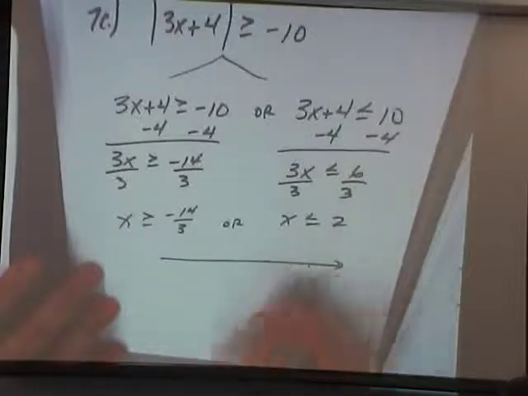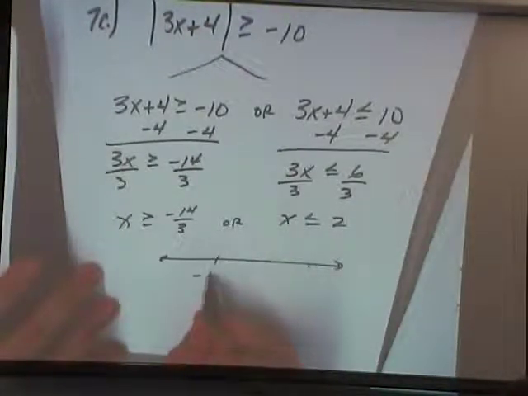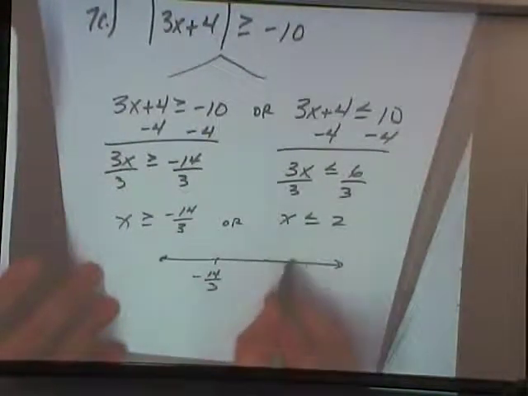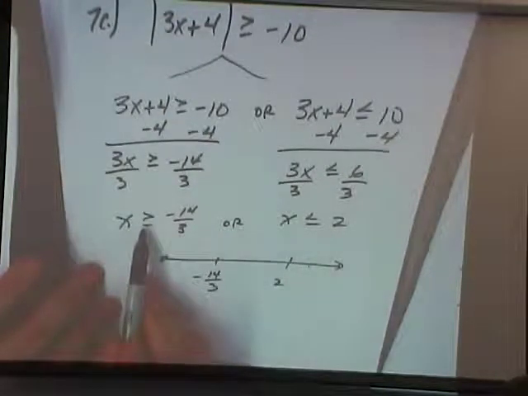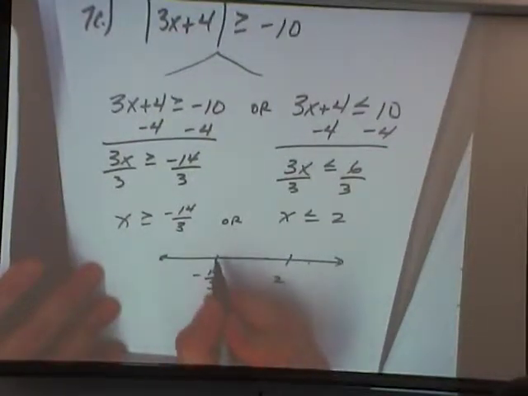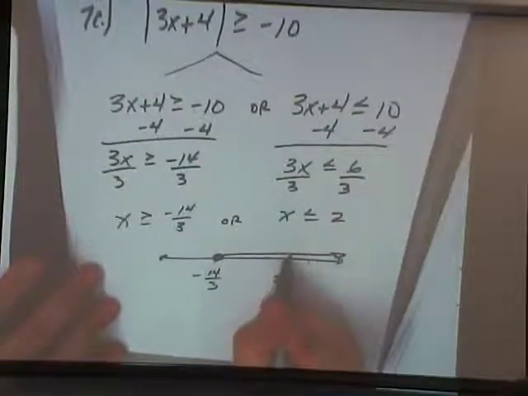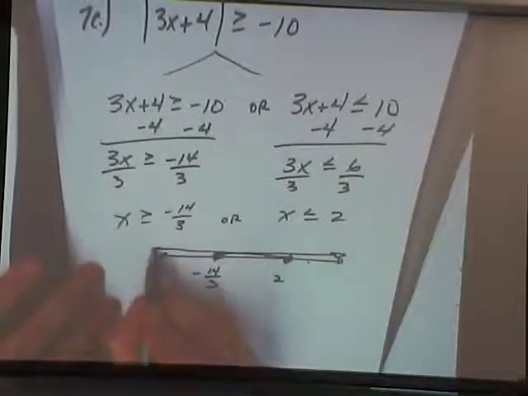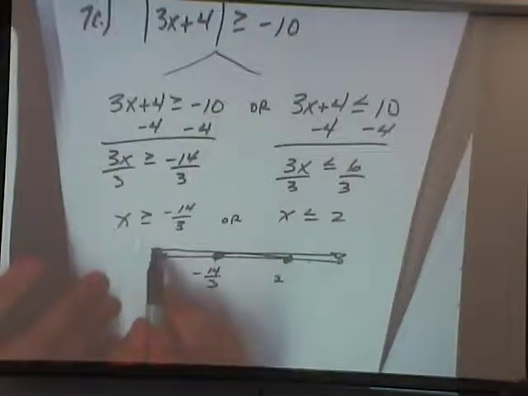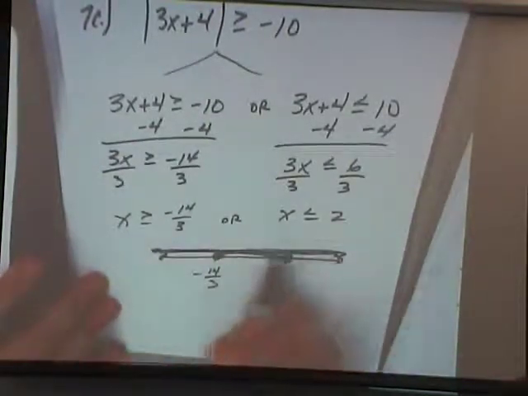So if we put this on a number line, greater than or equal to this, less than or equal to the 2, and it's or, so I need all the answers, right? So that would be everything. The whole number line would be lit up.